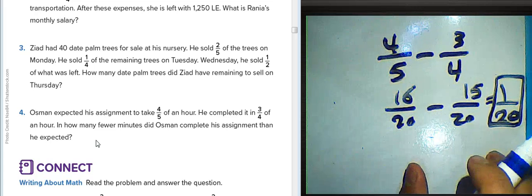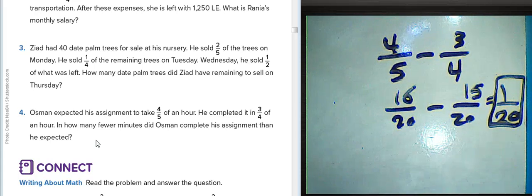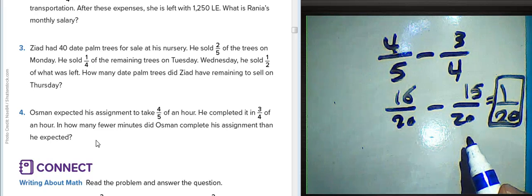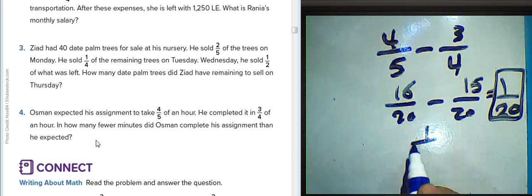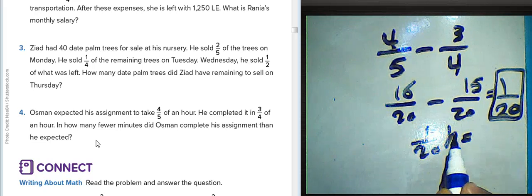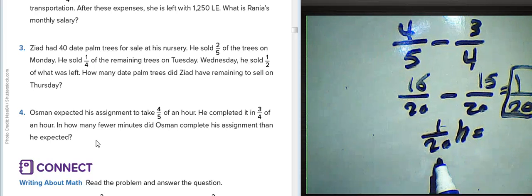Okay, it's the result about the difference in how many fewer minutes Osman completed his assignment than expected. We can write 1/20 hour, but we want to find the result in minutes. You must convert from hours to minutes, multiplying by 60. We must write 1/20 multiplied by 60.